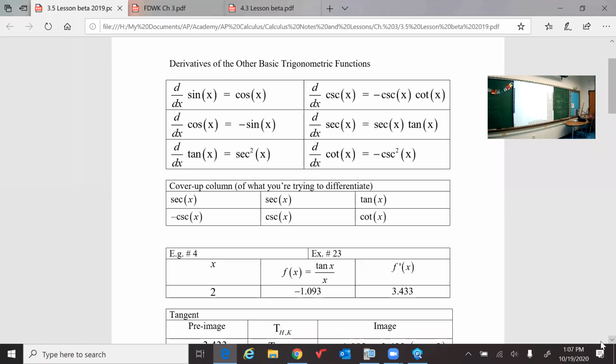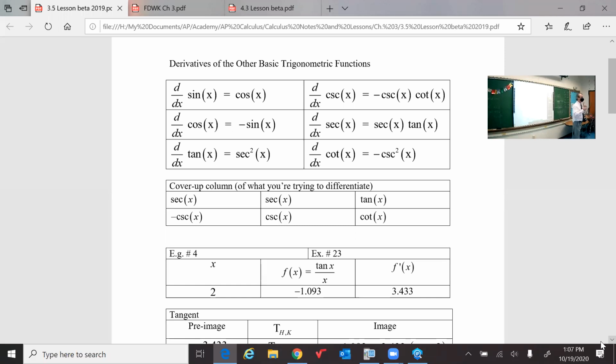So it's a cover-up method. If I want the derivative of tan, which we already just did, I cover up that column. What's the derivative of tan? Secant, secant, which is secant squared. What's under the tan? Cotangent. What's the derivative of that? Negative times a positive, negative cosecant squared.